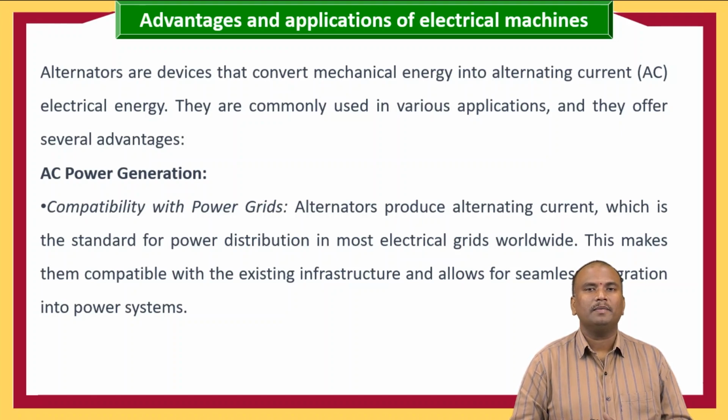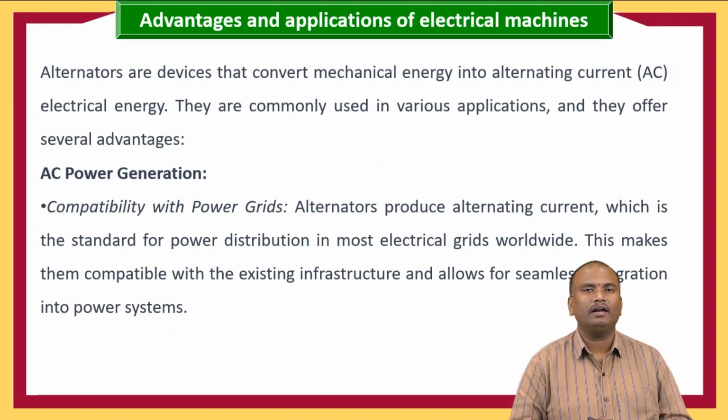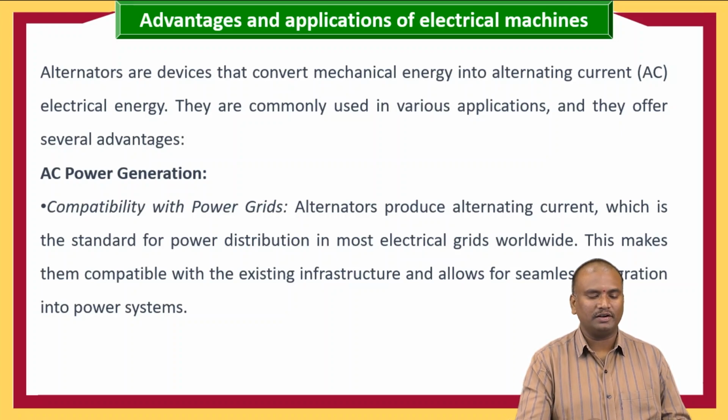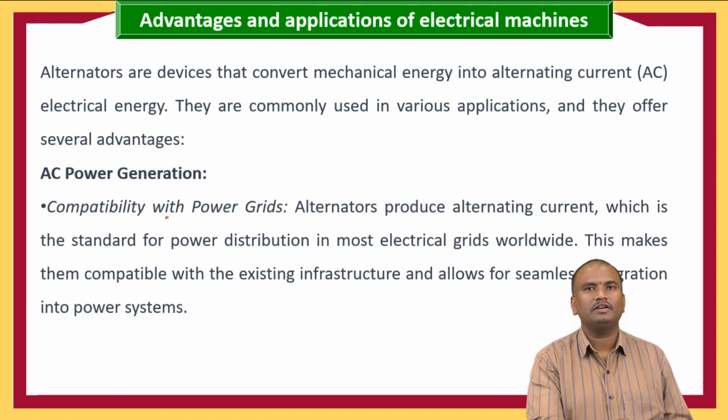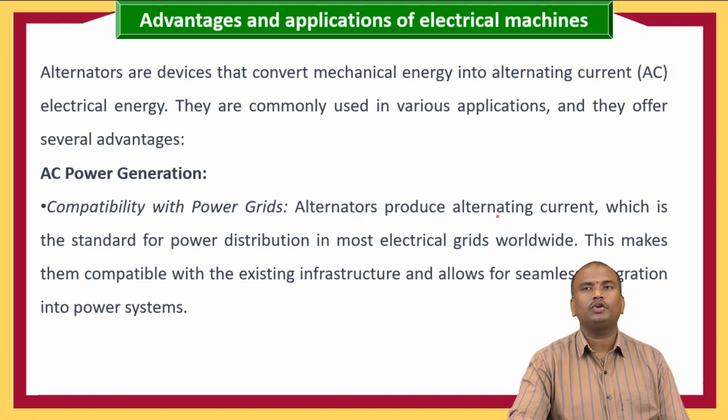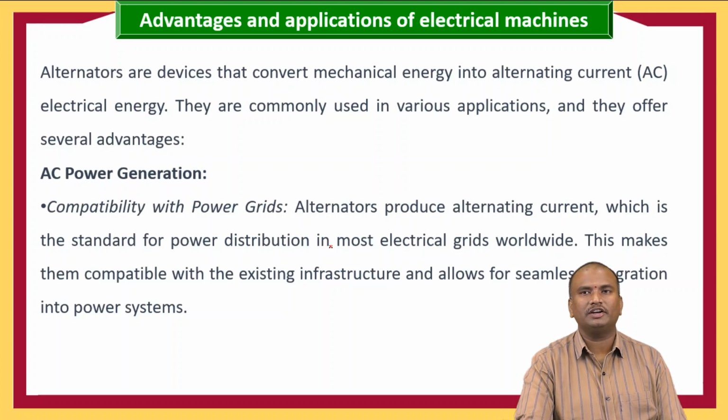The alternator's main application is AC power generation, which has compatibility with power grids, where alternators produce alternating current, which is the standard for power generation in most electrical grids worldwide.